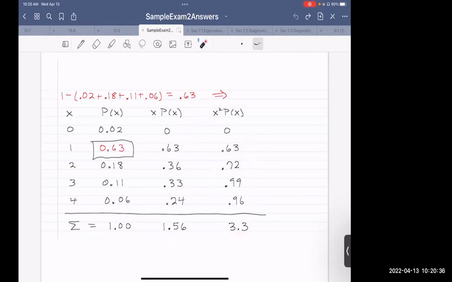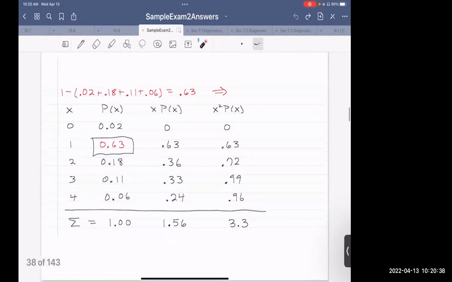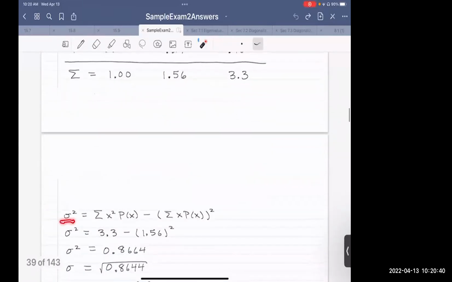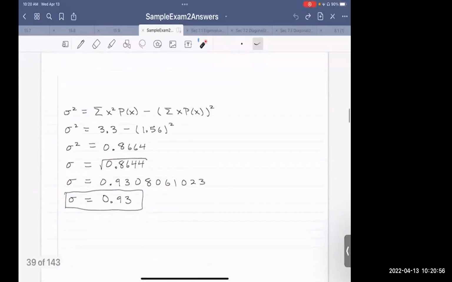So I get 3.3. So my variance is the sum of the last column, the x squared p of x column, 3.3, minus the square of the sum of the previous column, the x p of x column, 1.56 quantity squared. And so I get 0.8664.